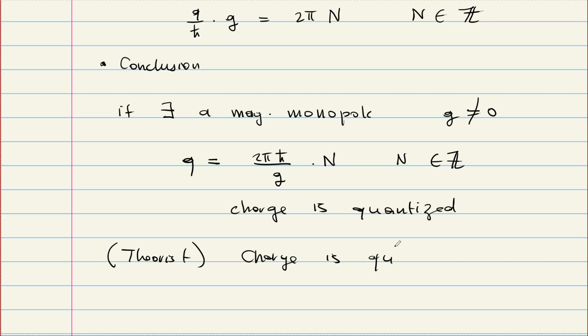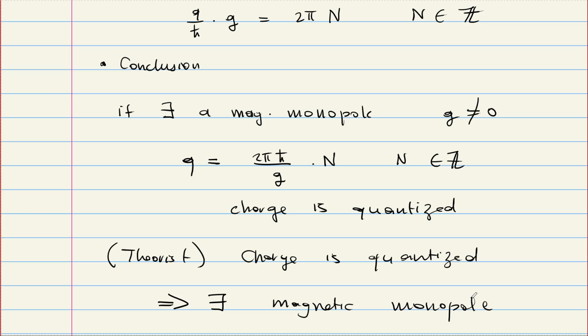We don't see a fraction of a charge. And they use this logic a little bit backwards: then there should exist a magnetic monopole. And of course, there are other reasons for magnetic monopoles because they are theoretically very nice, but I think that's the beginning part of the argument.